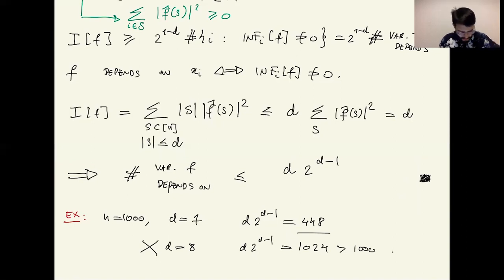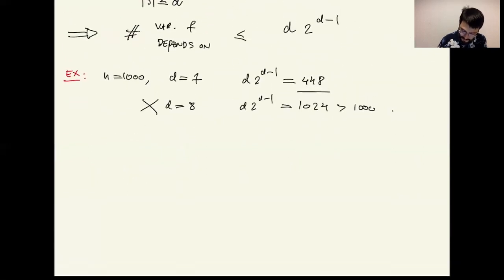And just to finish, let me discuss a little bit about decision trees, and we can finish this class. So what is a decision tree?